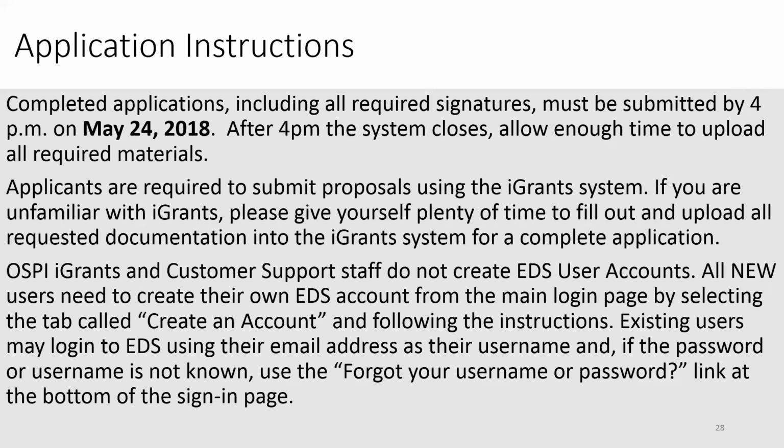Okay, the next question is, is it okay on the narrative to write manager, or should it be program director? This is a good question because we require two things. Site coordinators, that's an on-site person per site, and we require a director, or in your mind, that might be a manager, but we're looking for a program director.